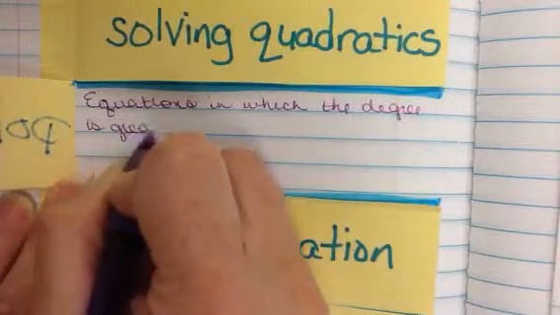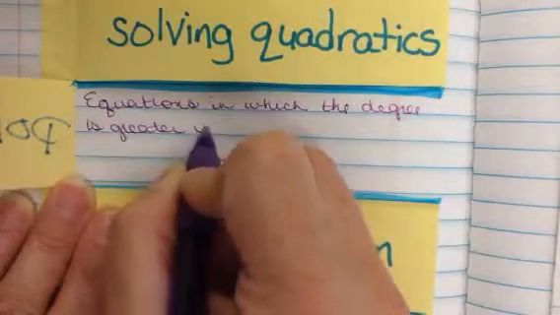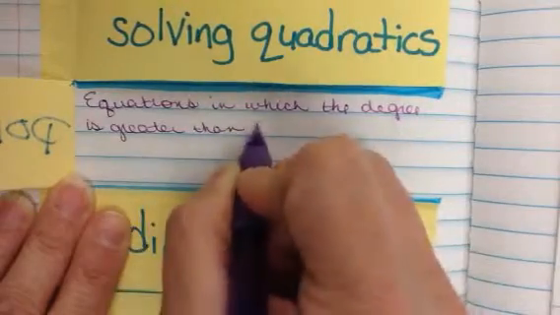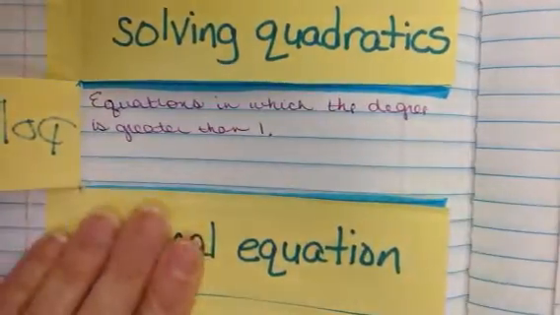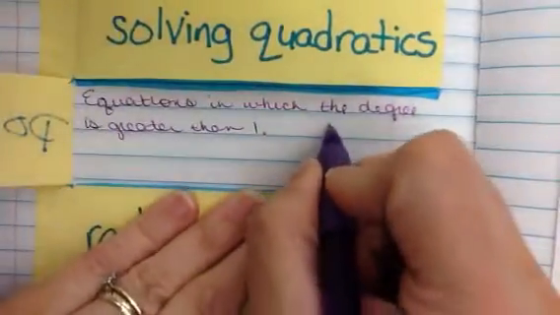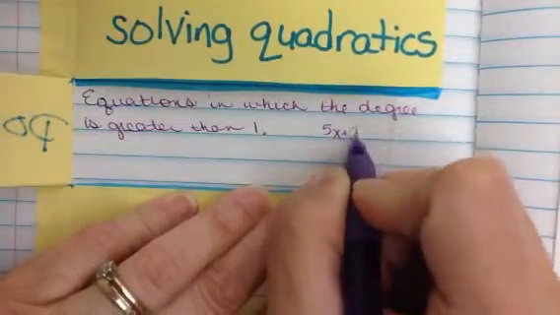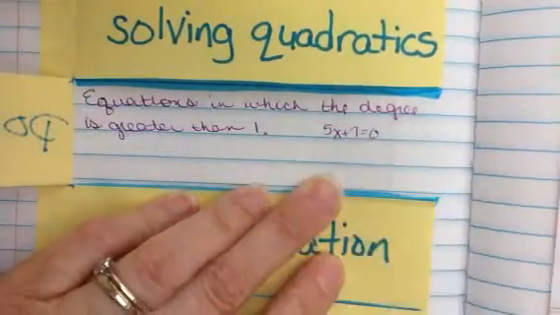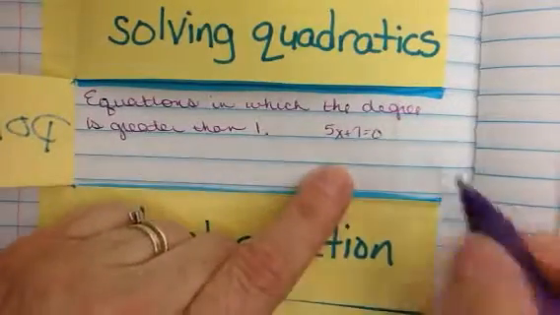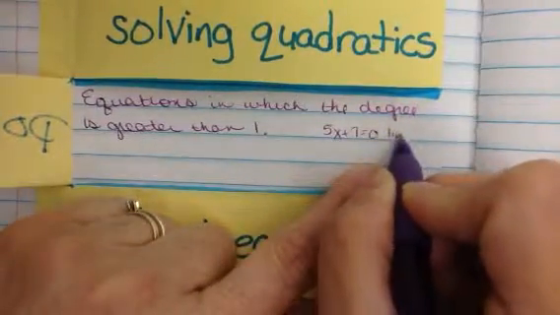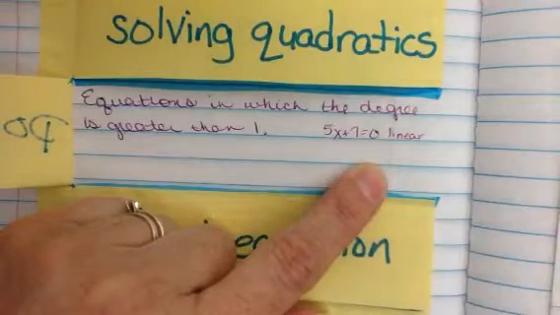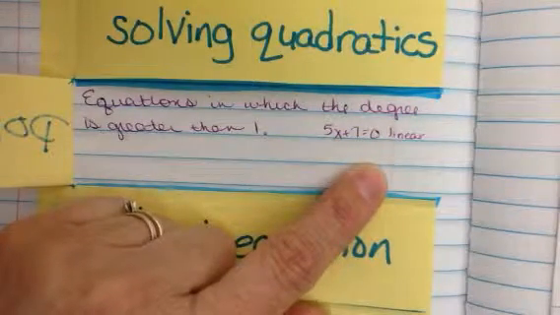That's just a good definition for us. If it is 1, if you had something like 5x plus 7 equals 0, that has a degree of 1, that is linear. That would just make a line.